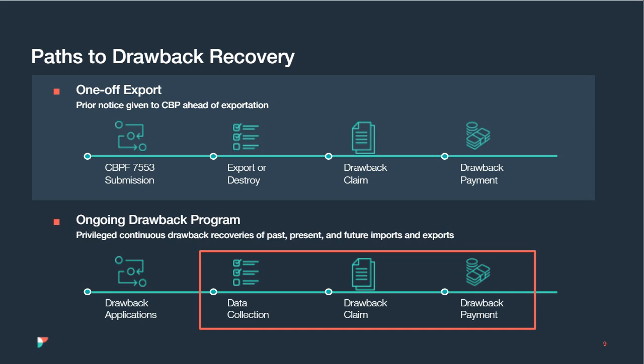Once customs renders their decision, you go ahead and export or destroy, and then we follow up once we gather the documentation to prove fact of exportation, fact of destruction, date, and all that stuff. We follow up with a drawback claim, which is a separate process altogether.